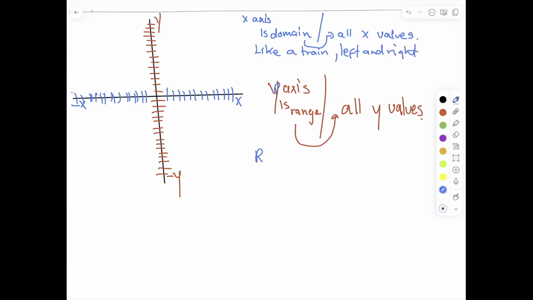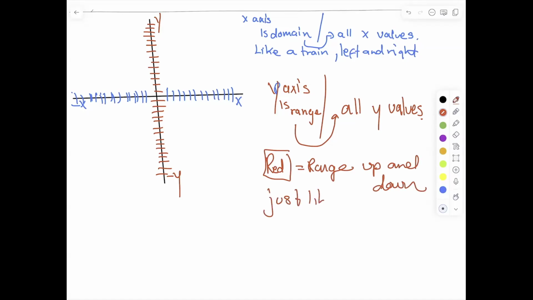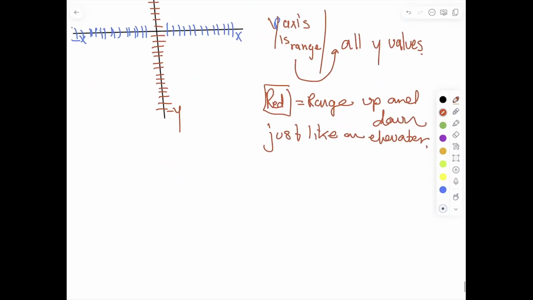And range is going to be like the elevator. Oops, I should pick red. Red here represents range. That's up and down, just like an elevator. Are we good so far when it comes to domain and range? You guys see it? Your silence is so confirming.